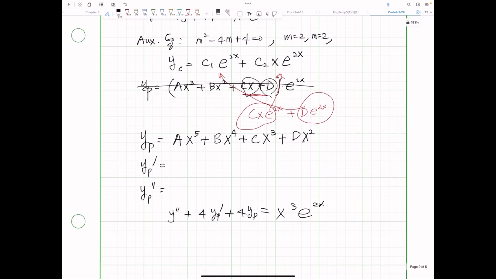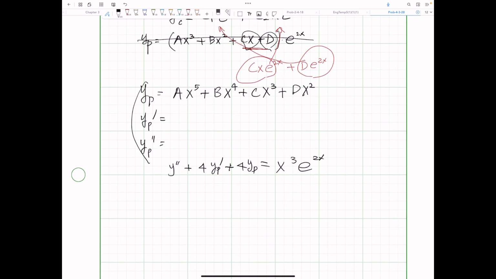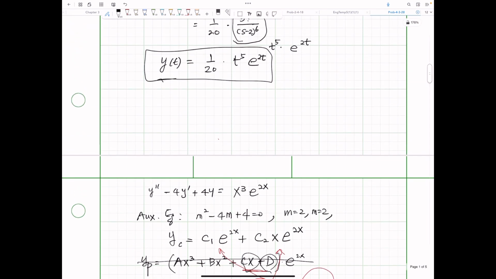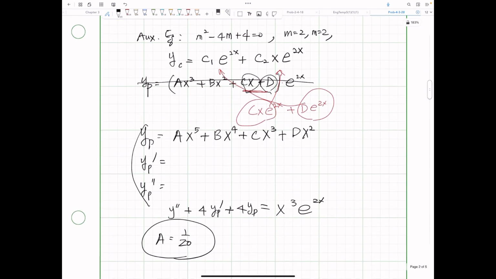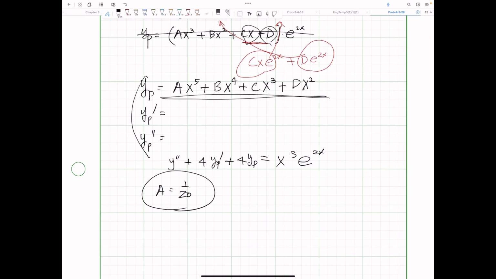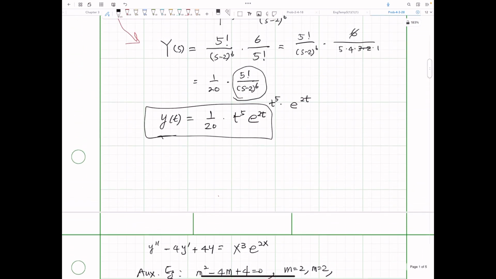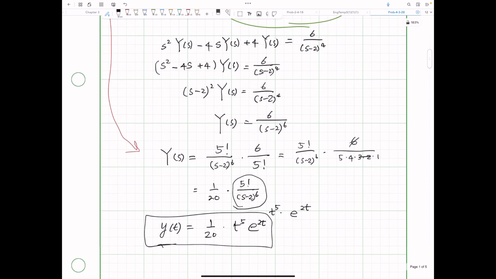When you go through all of this, you end up getting a equals 1 over 20, which is the same as what we had here. But this process is going to be really long. It is much easier to use the Laplace transform to find the solution.